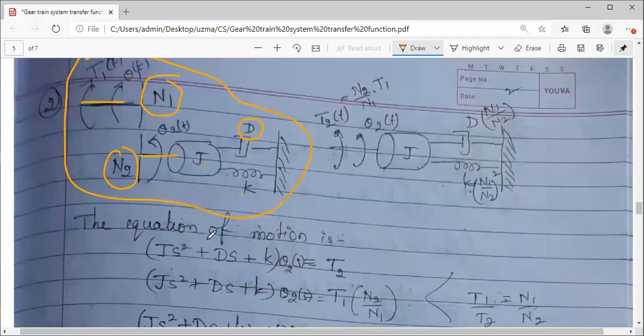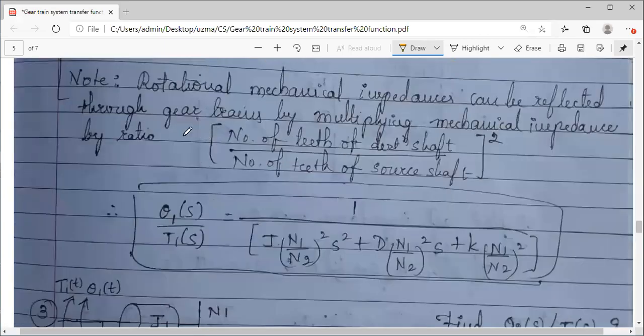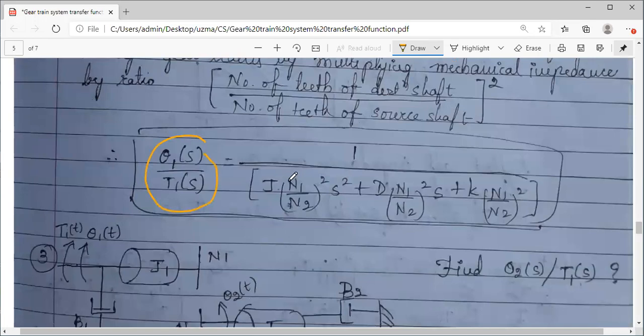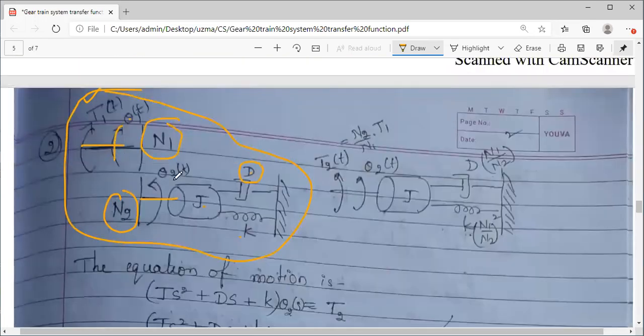Okay. So I have not given you the question. What I have found is theta 1 by T1. What is theta 1? It is here. Okay, theta 1 by T1. Look at this.